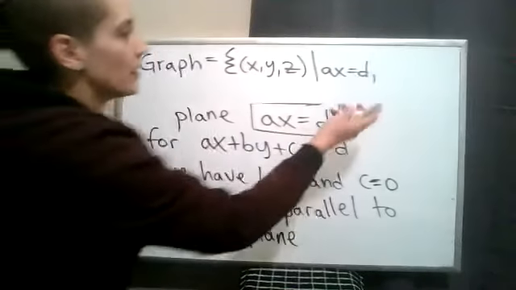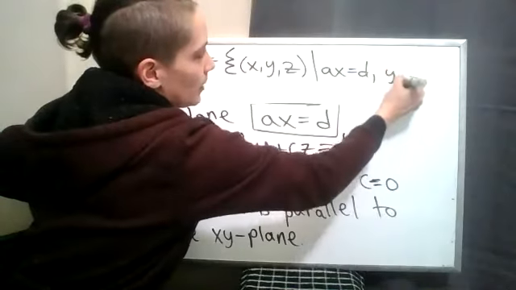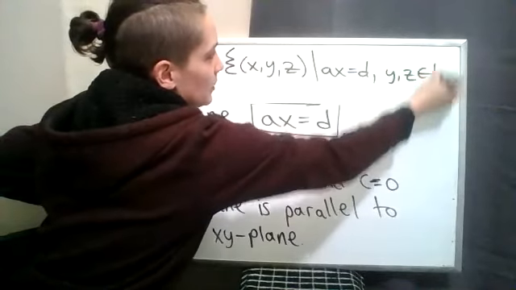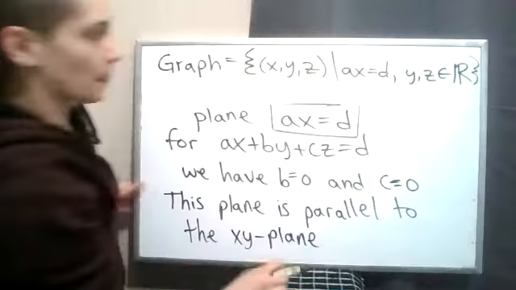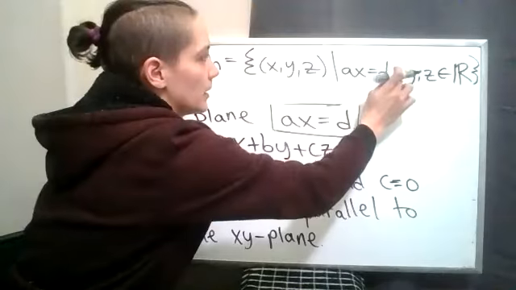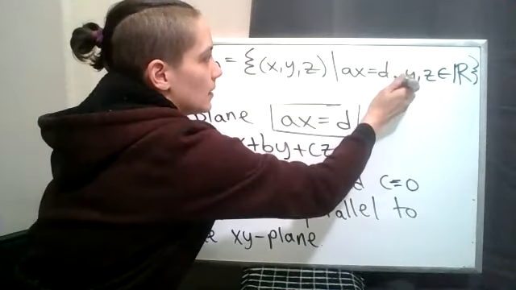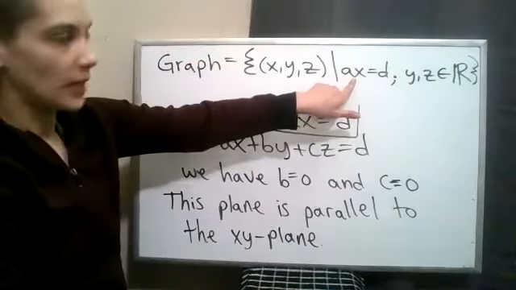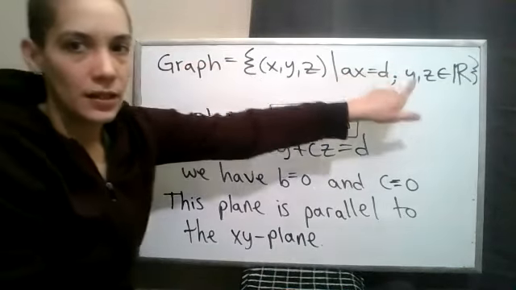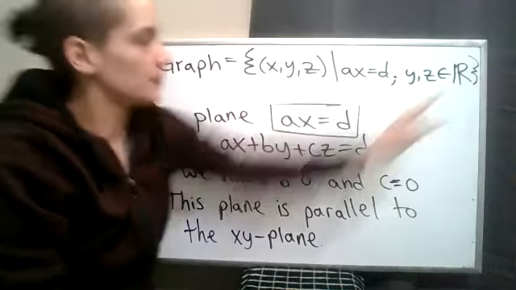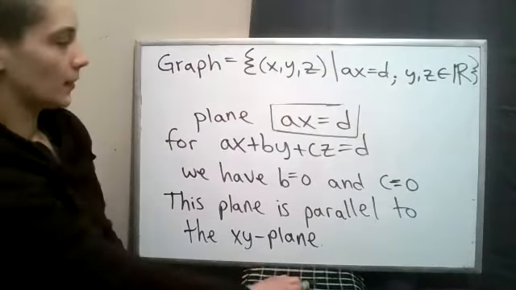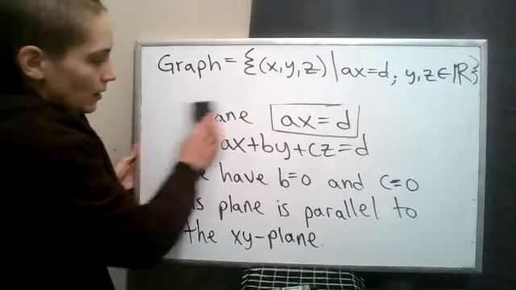So we put y, z exist in the real numbers. Okay, so we have ax equals d, y is in the real numbers, z is in the real numbers. Cool.